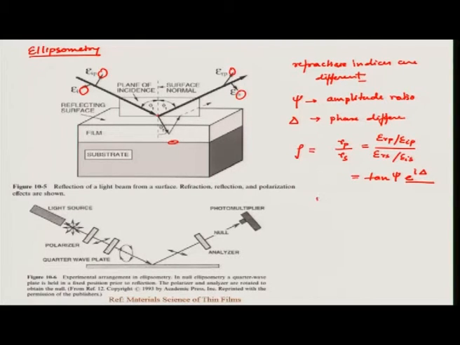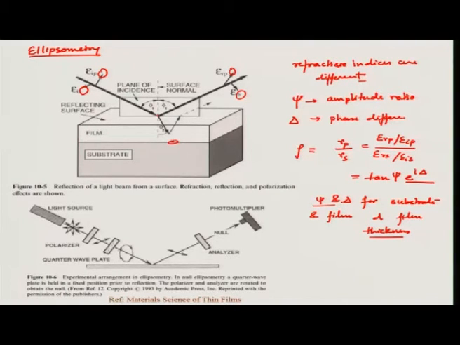Now, you have various parameters involved in this. You have psi and delta for substrate and film, and d, which is film thickness. When you are doing this measurement, you need to observe this psi and delta.